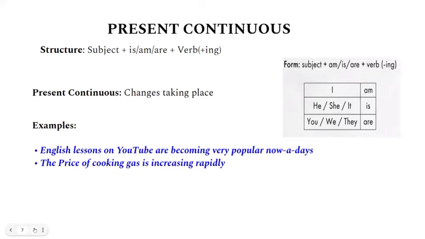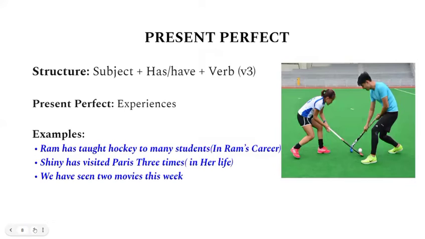Here is one more example. The price of cooking gas is increasing rapidly. So remember that the present continuous tense is used to talk about action happening right now, temporary activities, and changes that are taking place. All right, now let's see about the next tense, the present perfect tense.